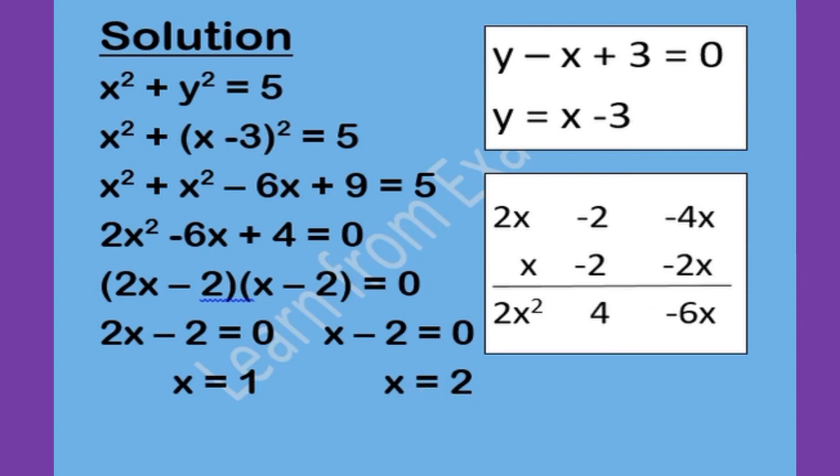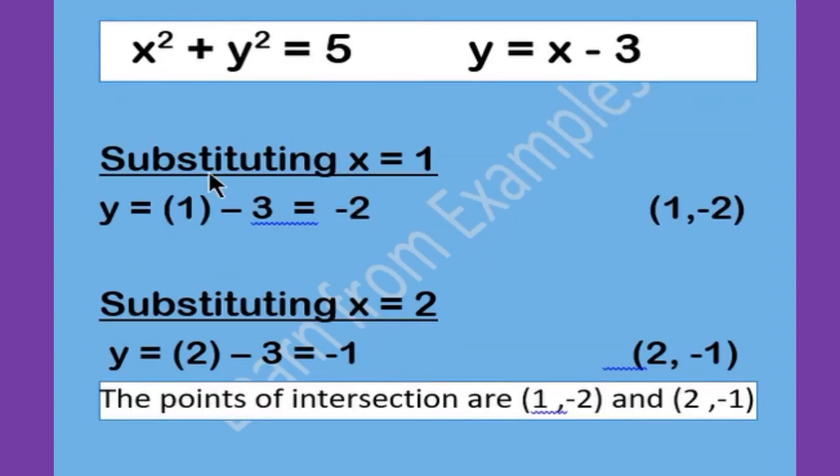So the next thing we'll do is find the y coordinate of the points of intersection. To find the y coordinates, we'll be substituting the x coordinates which we found, that is x is equal to 1 and x is equal to 2, in the linear equation, because it's easier for us to work with this linear equation compared to the equation of the circle.